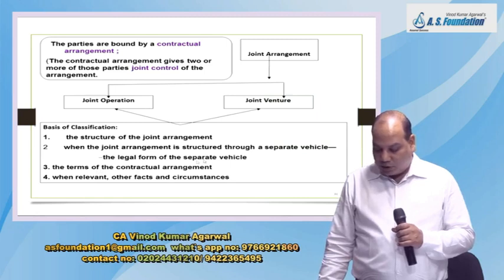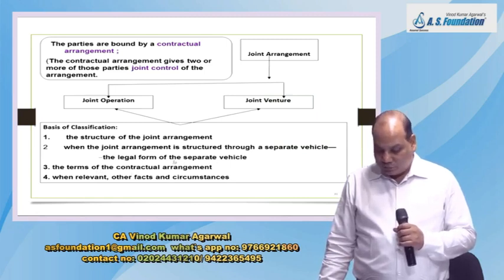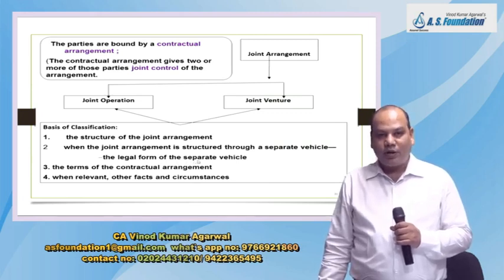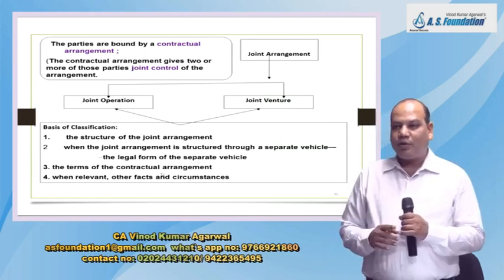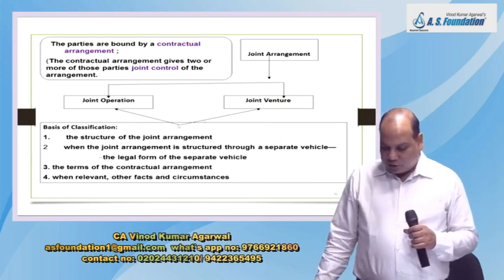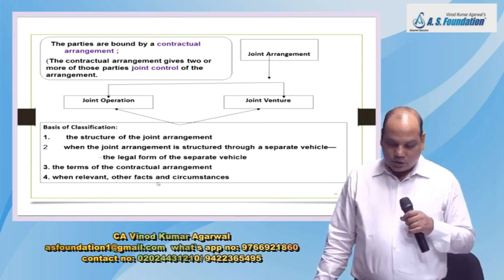And then if it is a separate vehicle, one has to also read the terms and conditions. If the parties are entitled to assets, liabilities, income, expense, output separately, then joint operation. If the parties are entitled to net asset or net profit, then it is a joint venture. And in addition to that, one has to also check the relevant other facts and circumstances.